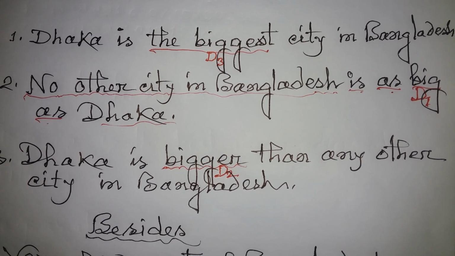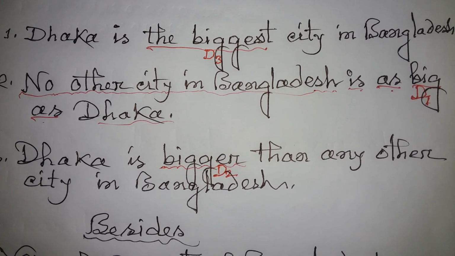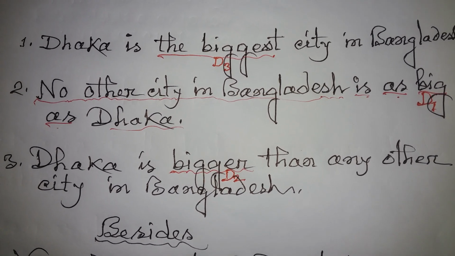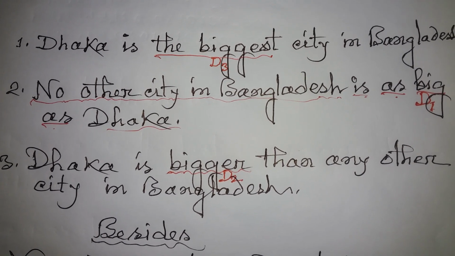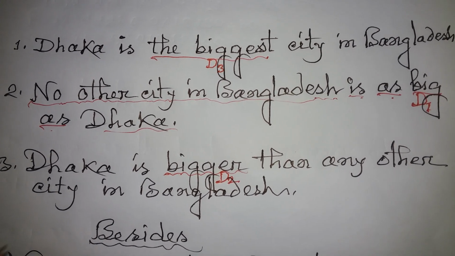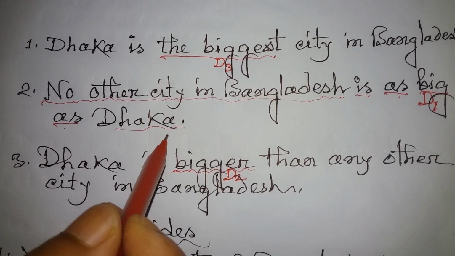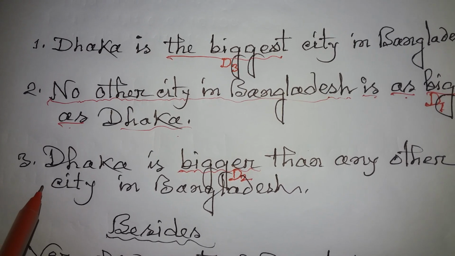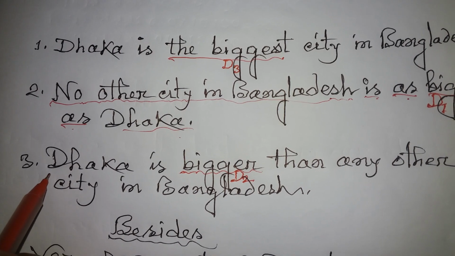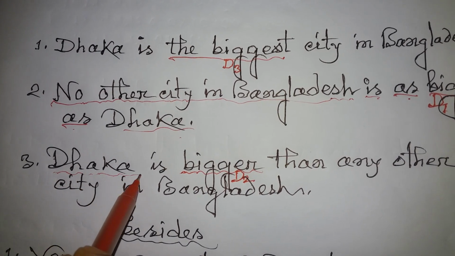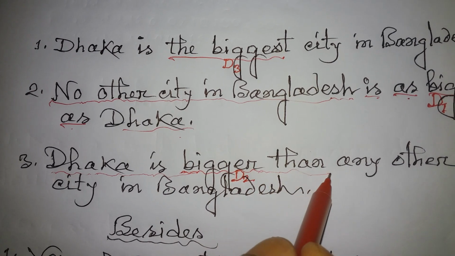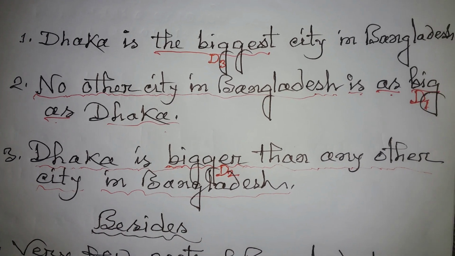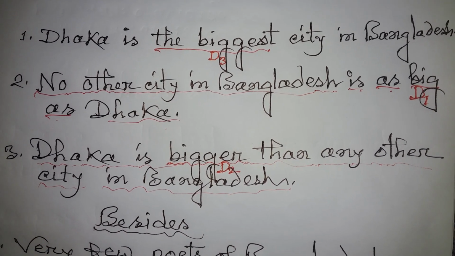Big is positive degree and bigger is comparative degree, and biggest is superlative degree. When we transform no other city in Bangladesh is as big as Dhaka into comparative degree, we use it in this way: Dhaka is bigger than any other city in Bangladesh.